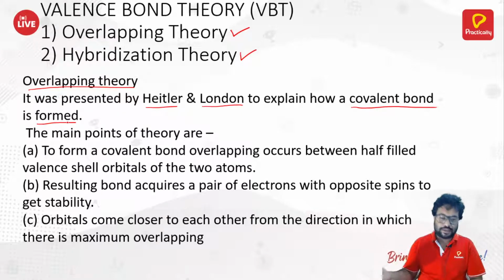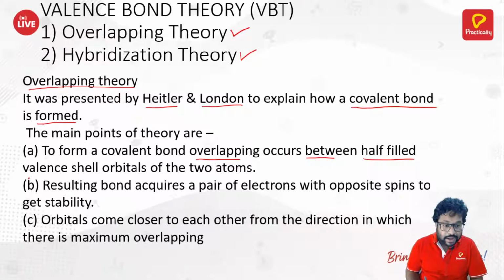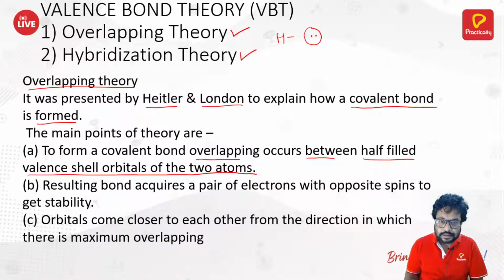What are the main points of the theory? To form a covalent bond, overlapping occurs between half-filled valence shell orbitals of two atoms. For example, if you have a hydrogen, it should look like this. Nucleus here, electron here.